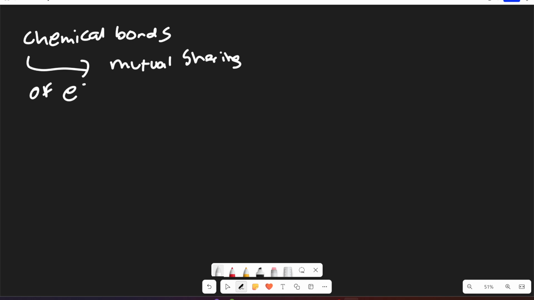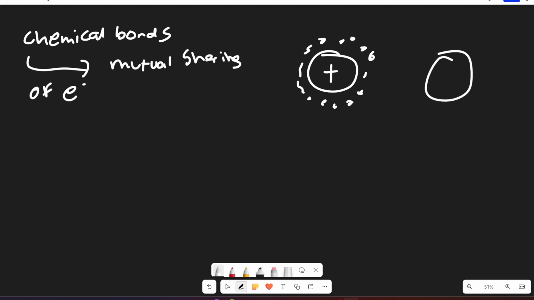that these atoms are essentially bonded between the nucleus of one atom, and let's just say we have some electrons floating around here in a cloud. I'm just going to draw a bunch of electrons here around this nucleus. And then we have another atom here, and then we have another electron cloud around that.